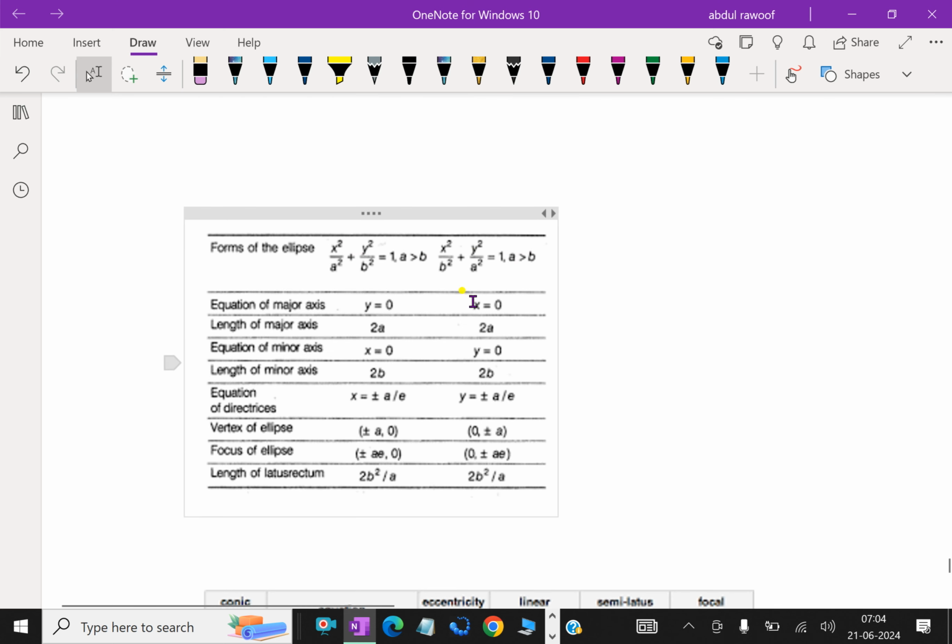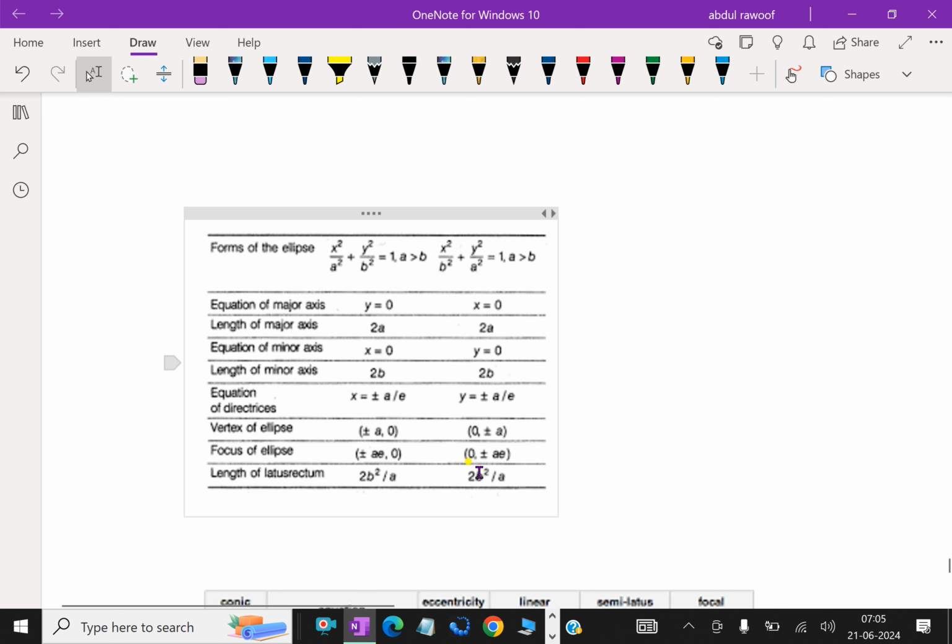Equation of major axis, length of major axis, equation of minor axis, length of minor axis, equation of directrix, vertex of ellipse, focus of ellipse, length of latus rectum. This is important to remember.